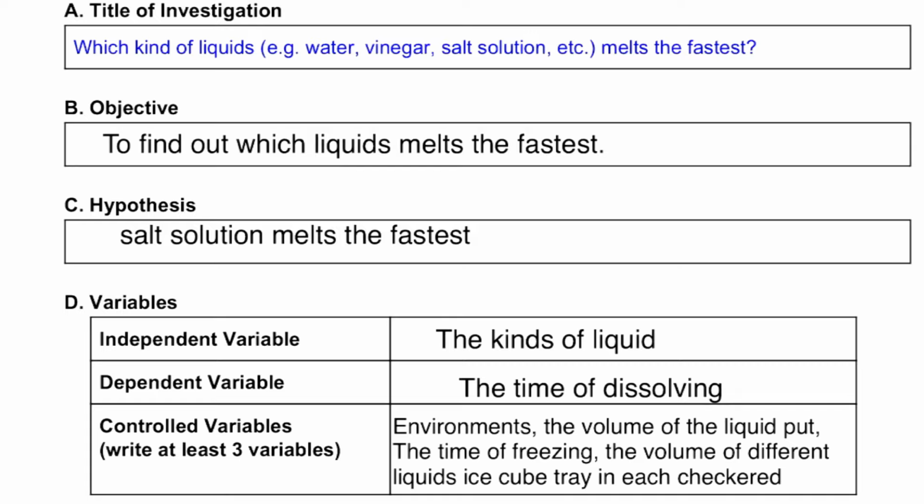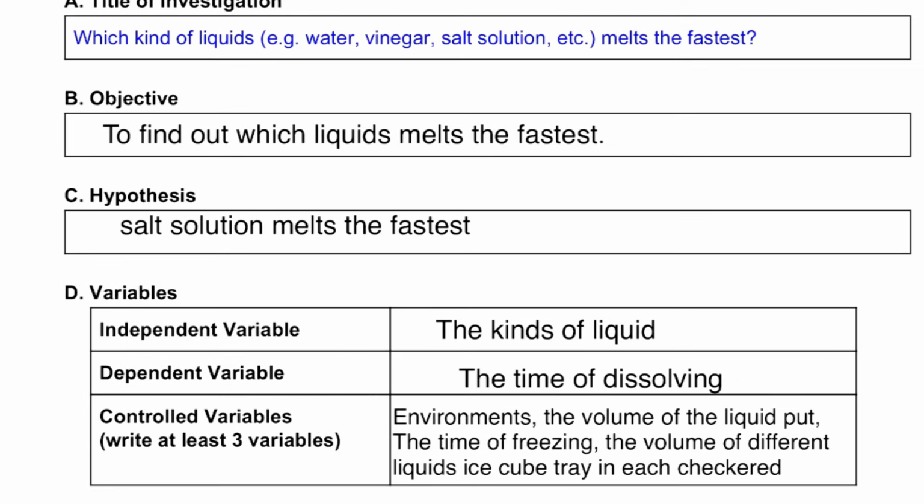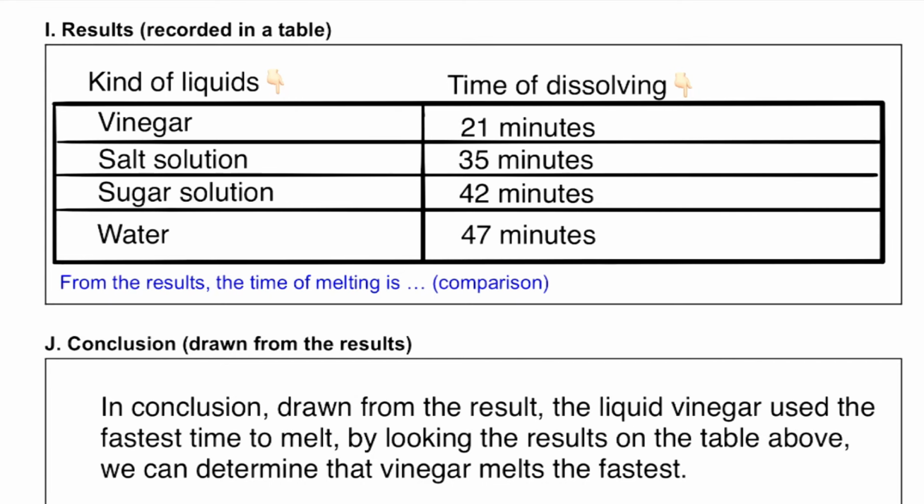In the experiment, we used 4 different kinds of liquids, and at last we found that the vinegar melts the fastest. We can see the kinds of liquids and the time each liquid took to melt. First of all, vinegar used 21 minutes to melt, salt solution used 33 minutes, and sugar solution used 42 minutes.